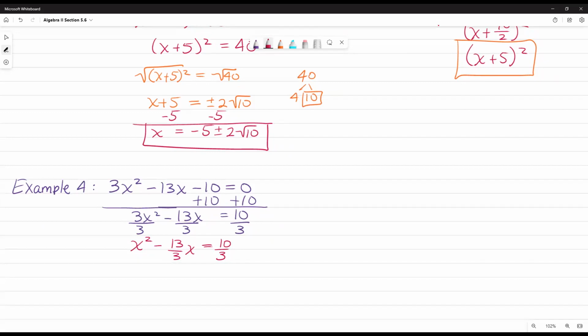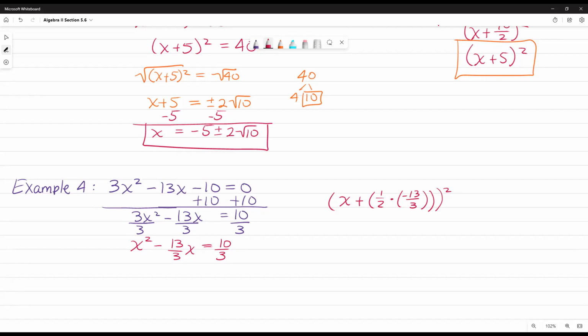Okay, so we need to find our C term. So we know that x squared minus 13 over 3 x equals x plus 1/2 times negative 13 over 3, in parentheses, squared.